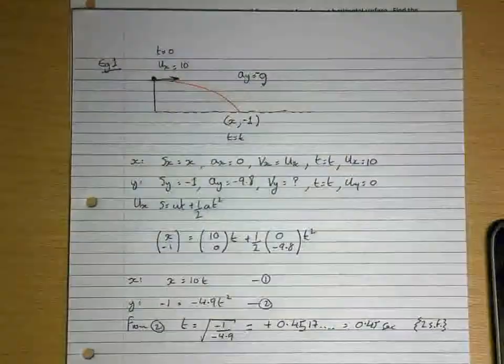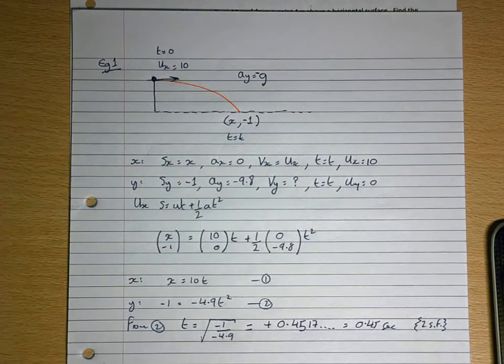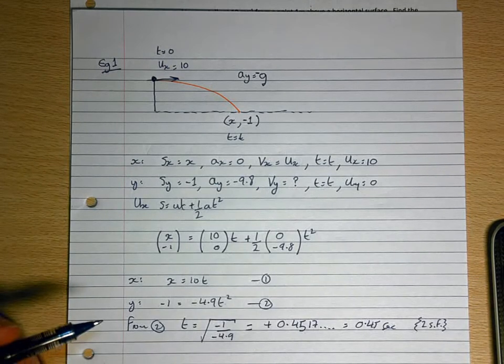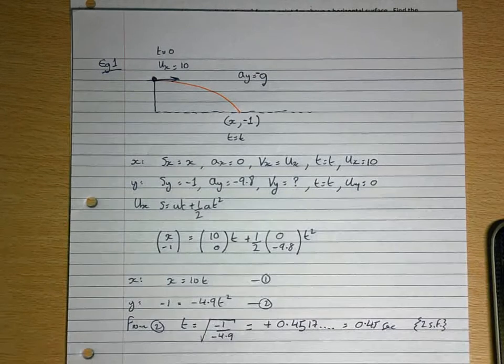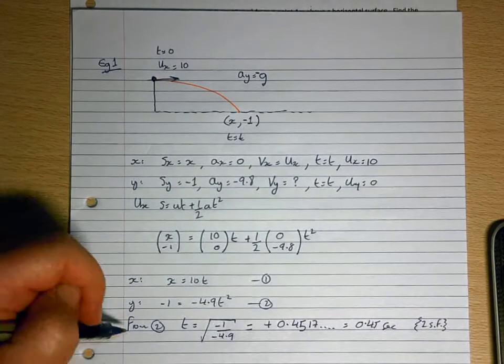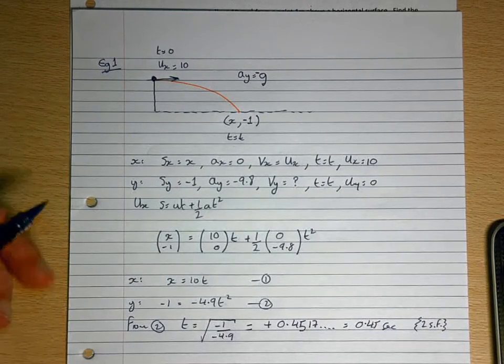So in mechanics, whenever a calculation has involved a rounded version of the acceleration due to gravity, we give our answers to the same degree of accuracy as the value we've been provided for the acceleration due to gravity. So t is 0.45 seconds.